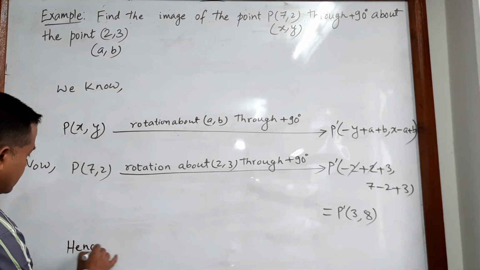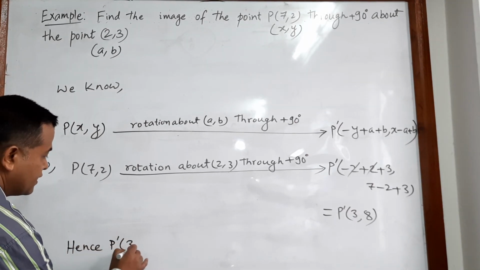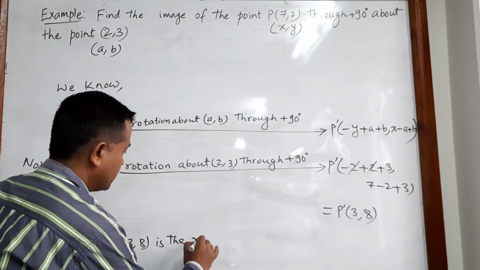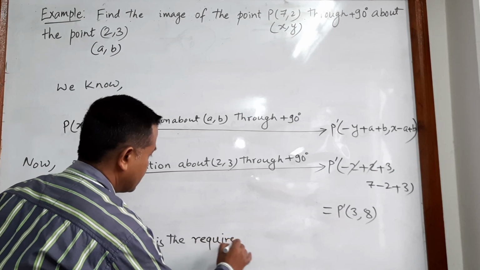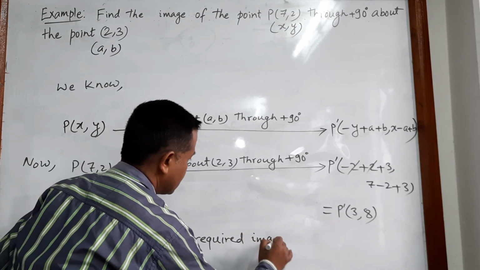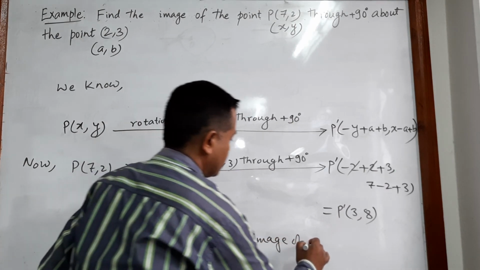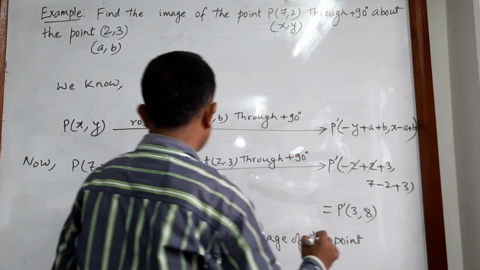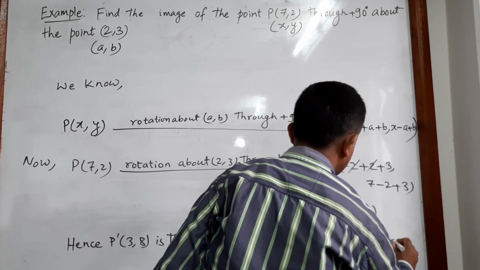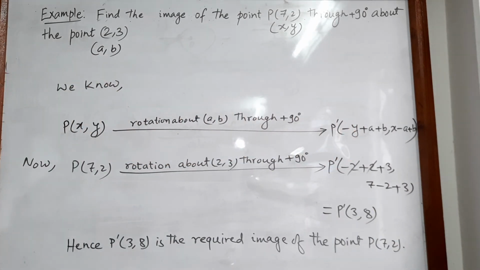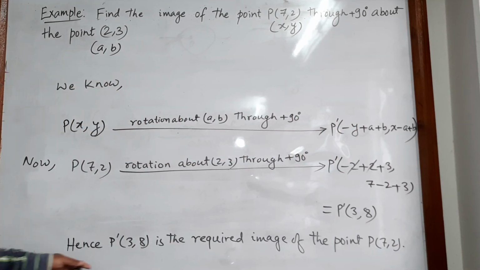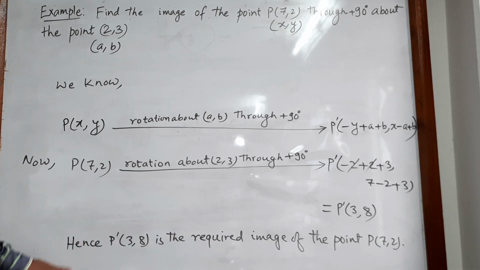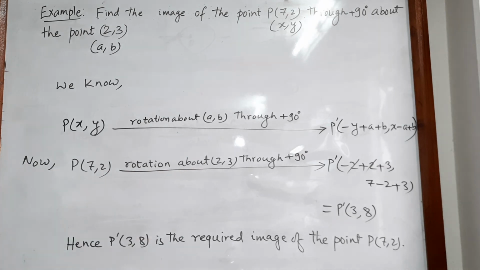Hence P dash (3, 8) is the required image of the point P(7, 2) under the given transformation.